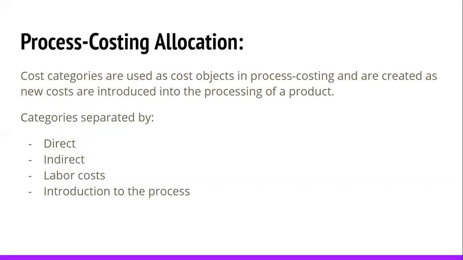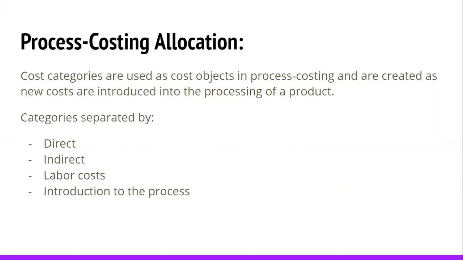The labor costs would be the man hours and machine hours used to create the product. And whether they were introduced at the beginning of the process, such as the cutting down of the tree, or later on during the paperwork or the construction of the product, each of these would be separated into separate cost categories in order to allow more accurate process costing allocation.